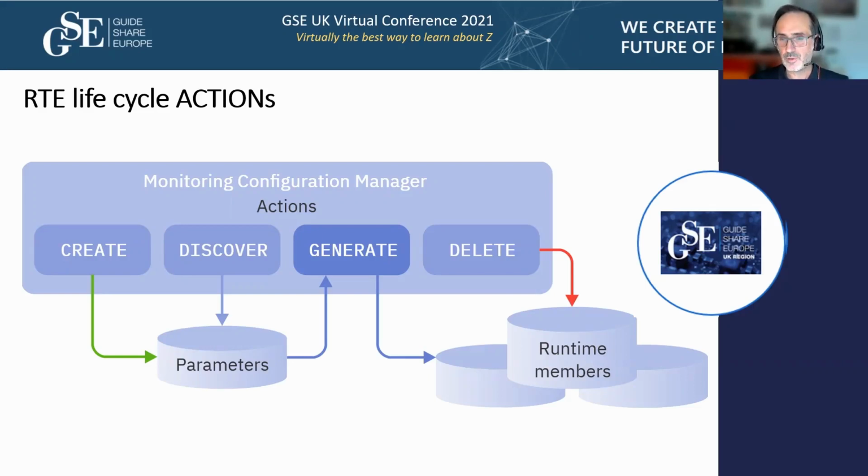So all of that is done for you by executing the generate action. After you have performed generate, you have a runtime environment created. You would follow the complete the configuration steps as per manuals, just like you did for ParmGen, to get your APF authorizations in place, to copy your started task definitions to your proclibs and so forth. And if you're done with a proof of concept or just playing around with it, you can use the delete action to clean up after yourself.